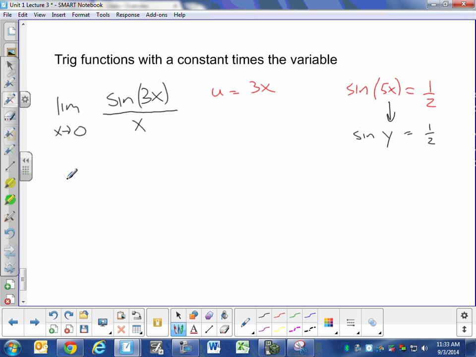All right? Now, what's cool about this u is I can replace this 3x with that u. So let's start with that. I'll replace 3x with the u. However, if I have u's, I want just u's everywhere.